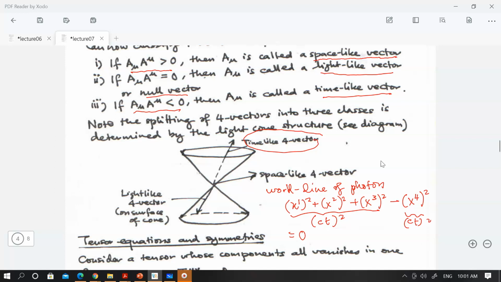Okay, your time-like vectors are essentially representing things for ordinary particles, for example. Because an ordinary particle will have speed less than c, so the distance it covers will be less than ct squared.